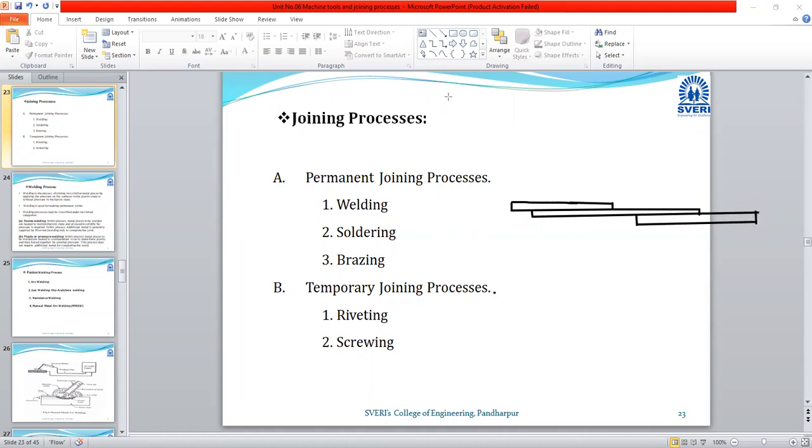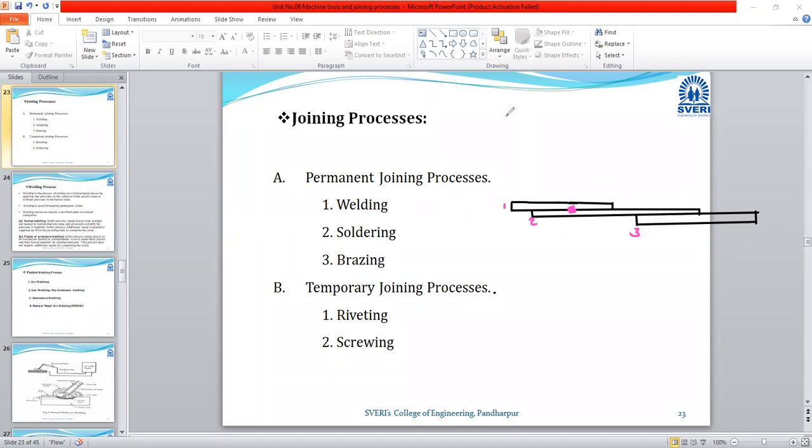Now if I weld here with the welding machine at this point, this one is plate number 1, this one is plate number 2, and this one is plate number 3.